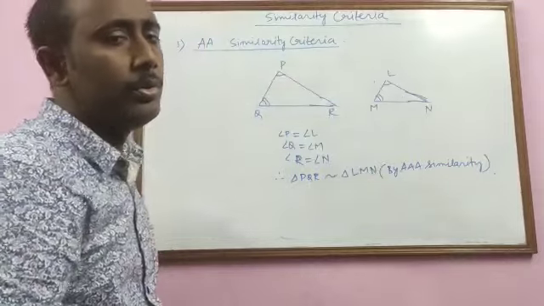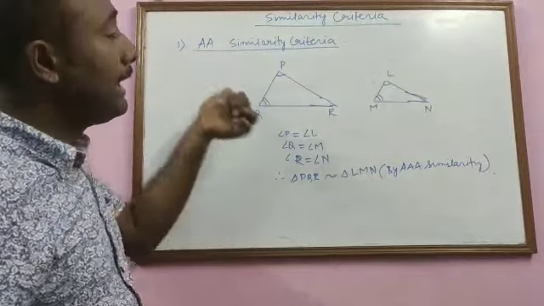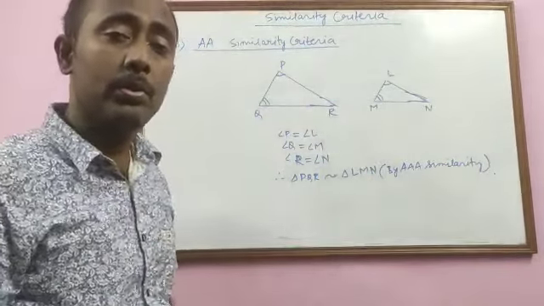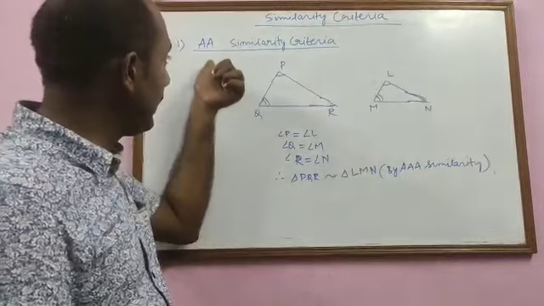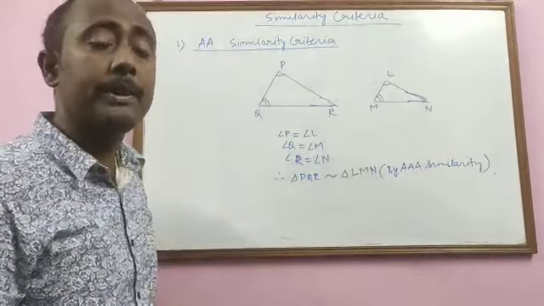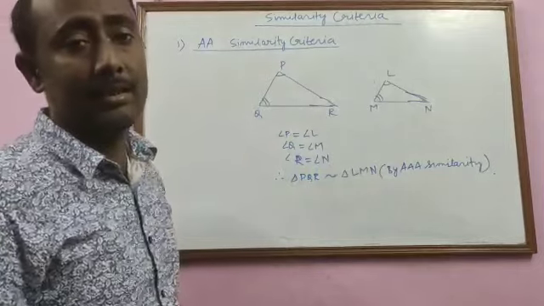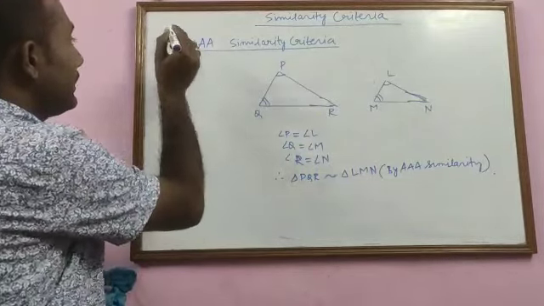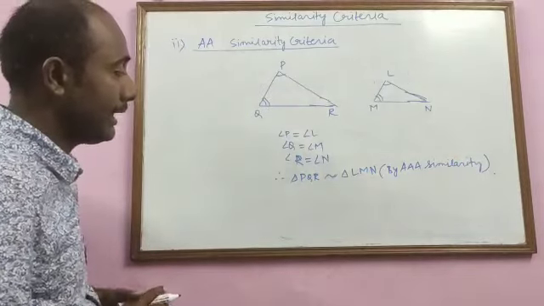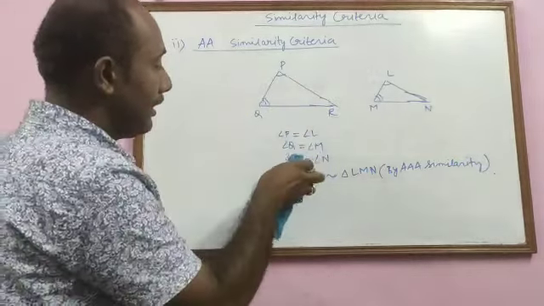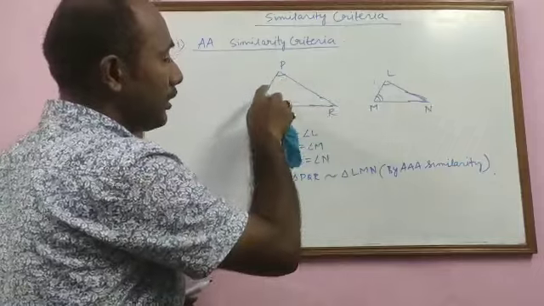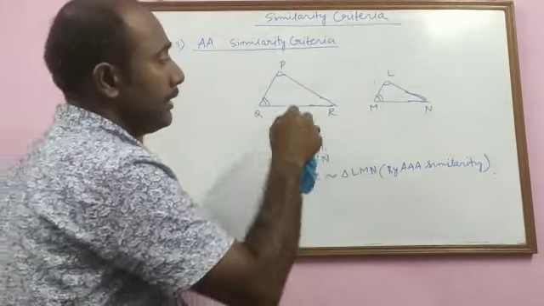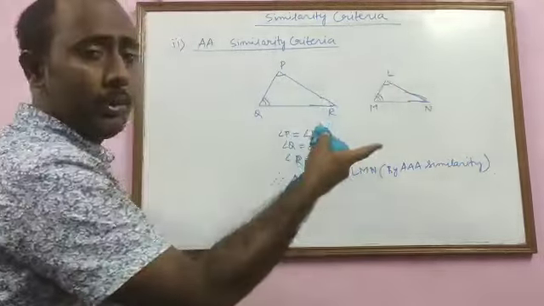So once two angles of a triangle are equal to the two angles of the other, the third is bound to be equal. So we conclude that angle, angle can also be called one of these similarity criteria. So this is the second similarity criteria, that is angle, angle similarity criteria, and in that case only two angles of one triangle need to be equal to the two angles of the other.